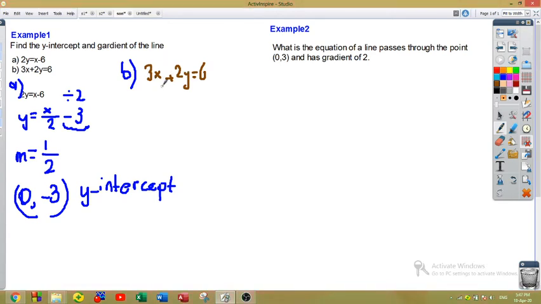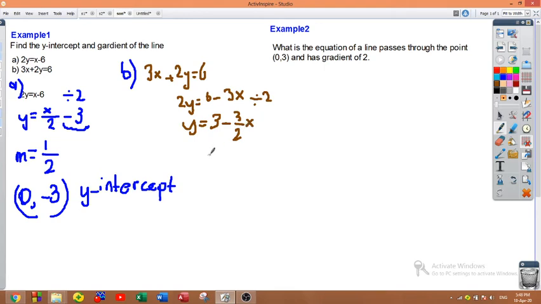It will be 2y equals 6 minus 3x. Now if I divide both sides by 2, it will be y is equal to 3 minus 3 over 2 x.